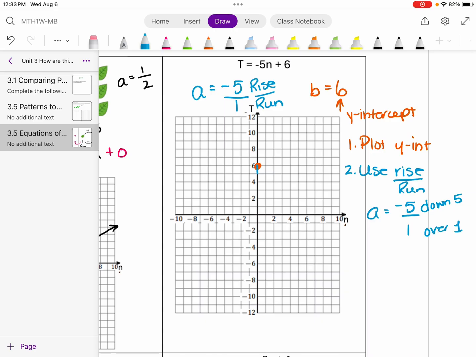I'm going to go down 5, 1, 2, 3, 4, 5, and I'm going to put a dot. And then I'm going to continue to do that until I've got a couple of points that I can connect using a ruler. Then you're going to take your ruler and connect your points. Okay, so there you are.